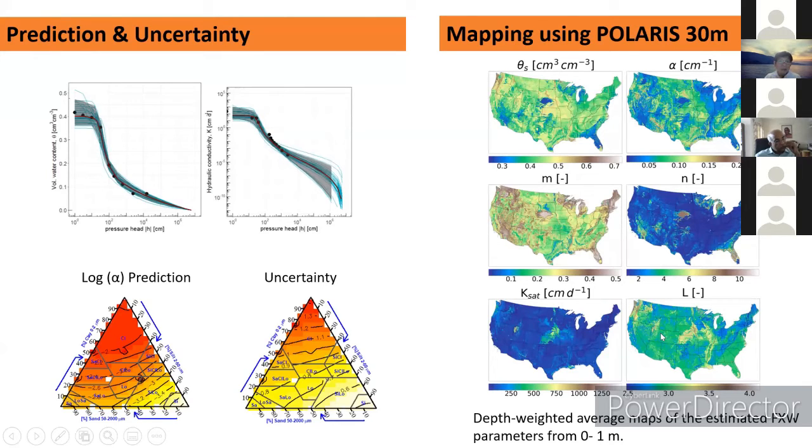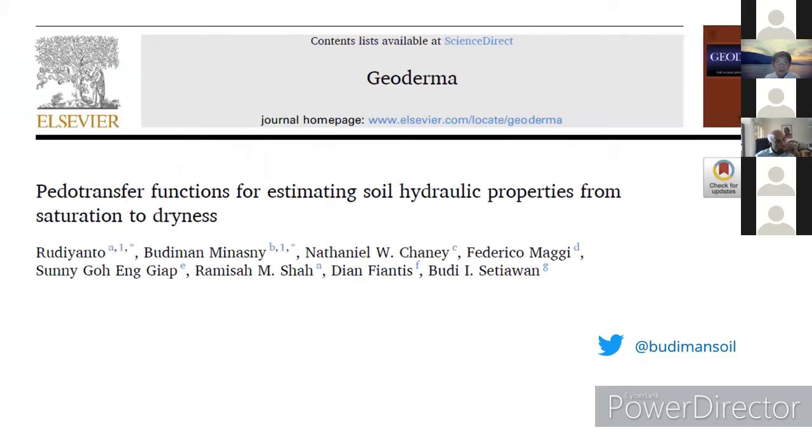So using this, we can spatialize it. That means based on digital soil maps of sand, silt, clay, and bulk density, we apply these pedotransfer functions to the maps so that we can do a simulation. This was published recently, and you can read about it, or if you want, you can email me and I'll send you a copy.